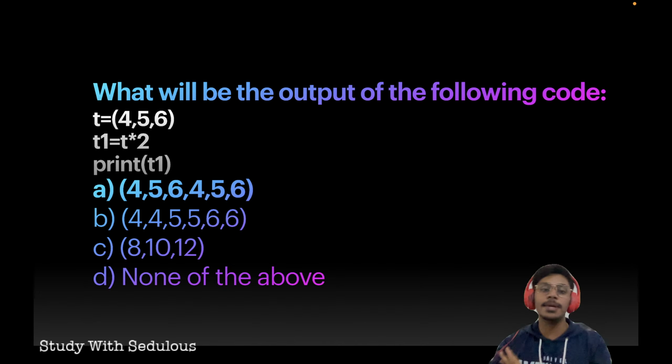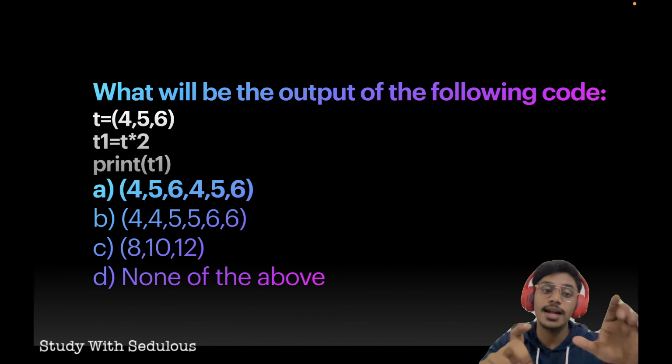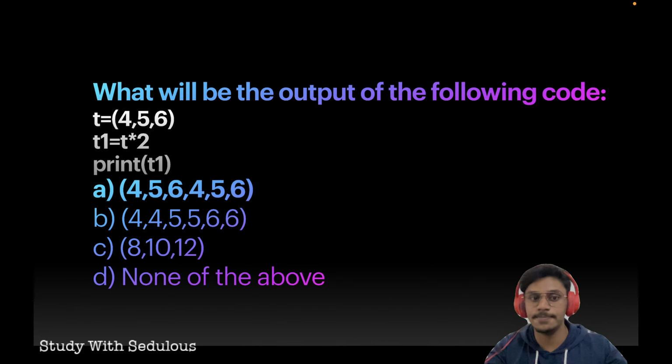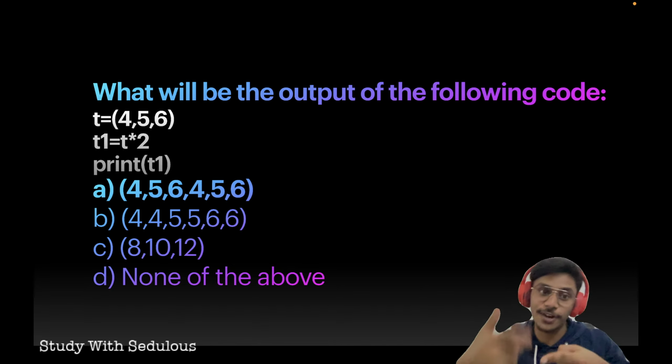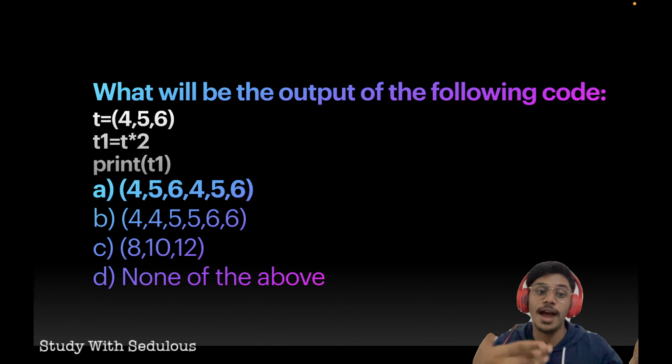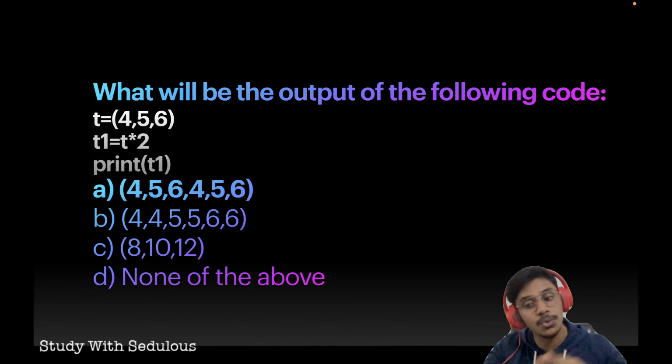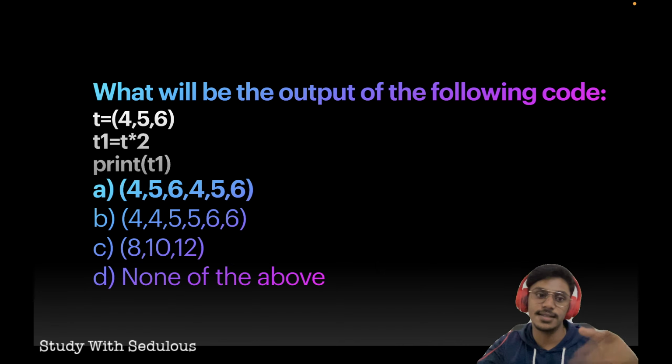It'll just repeat twice. It's not temporary, but we are going to get a new variable called T1, and then we are going to make that T1 the tuple T printed 2 times. That's how it works out. So option A.